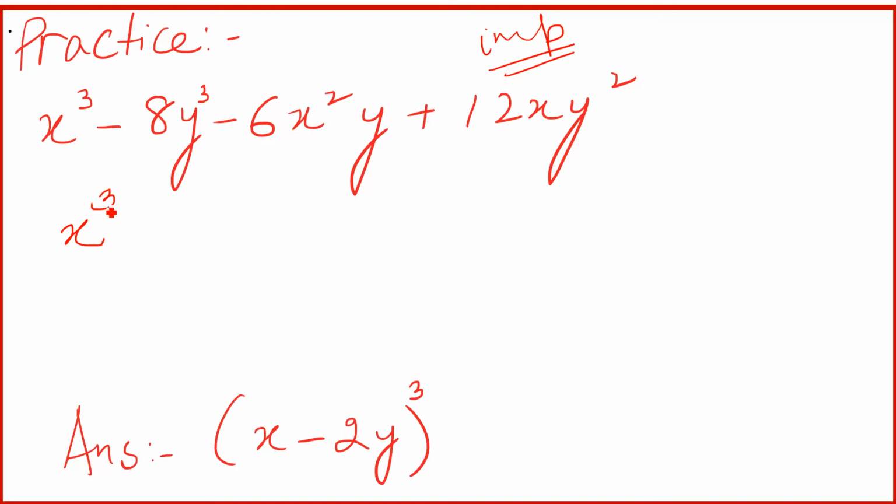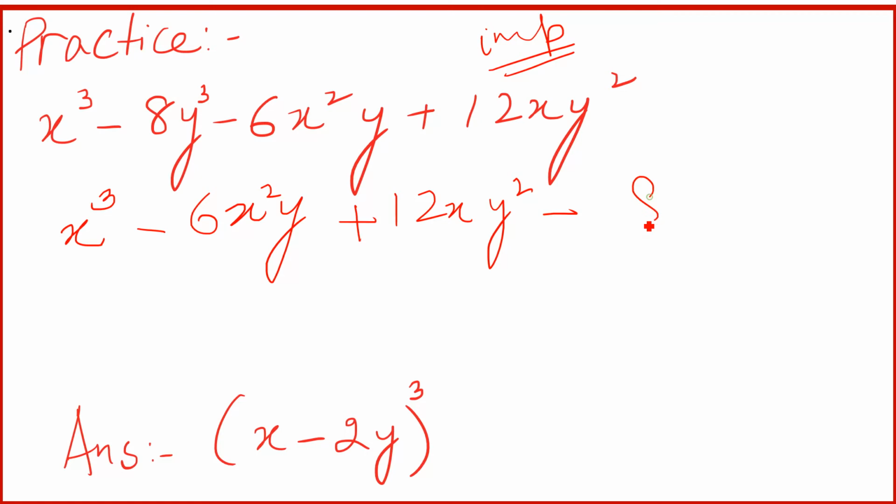So this is cube, so next there should be x squared y, because this is the cube, then it should be the second degree. And then this is positive, x y squared, and then finish. And then negative is 8y cube.